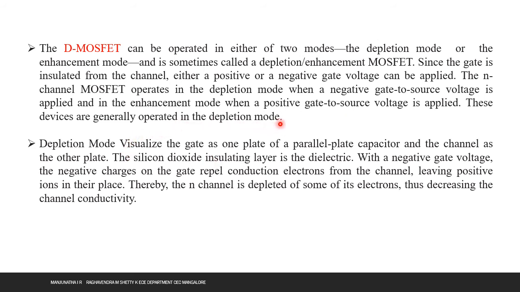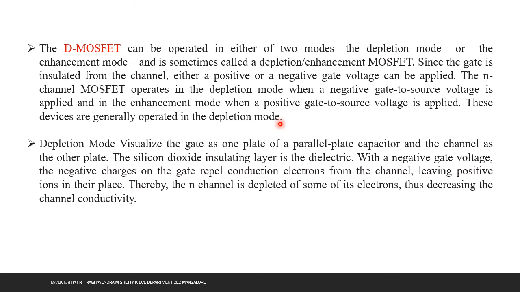For better understanding, as I already told you, I will take one particular device, the n channel DMOSFET, and show how that n channel DMOSFET can be operated in both ways, like EMOSFET and DMOSFET, with two different voltage polarities.